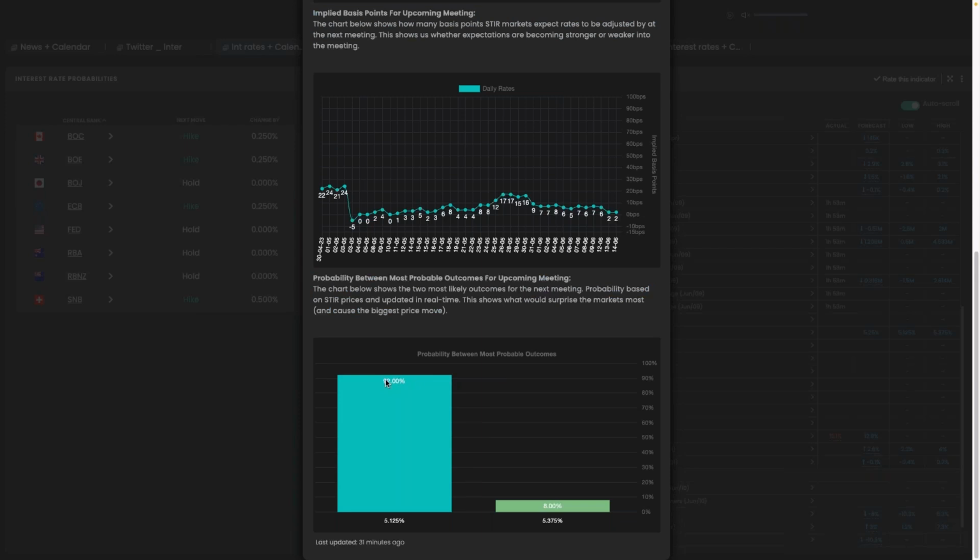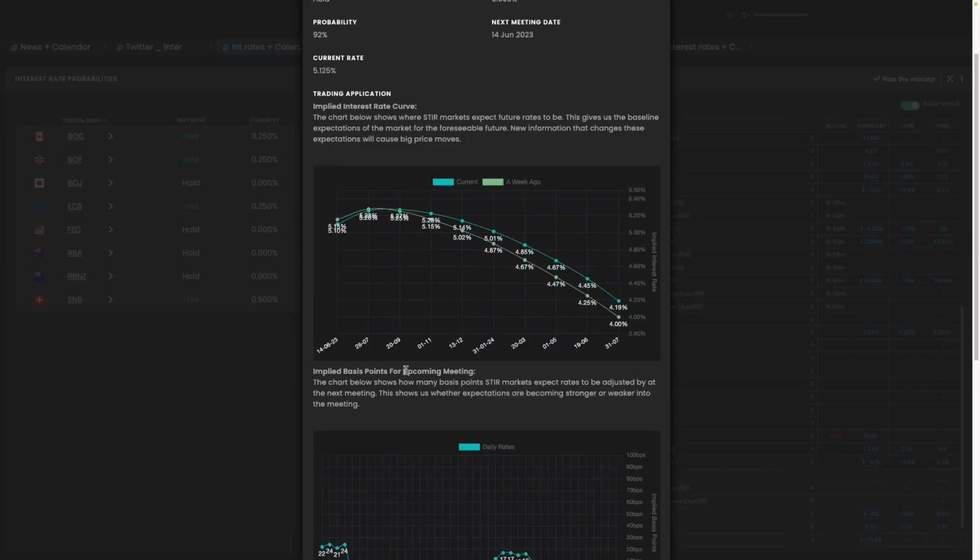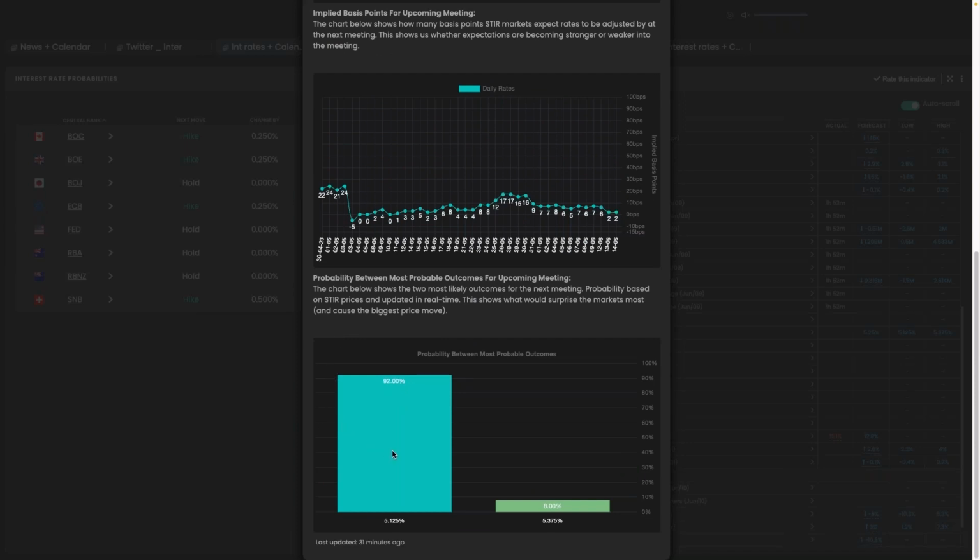There's currently a 92% chance that the Federal Reserve will not hike interest rates today, that they will keep interest rates on hold. Now, this is called the Fed pause mandate.